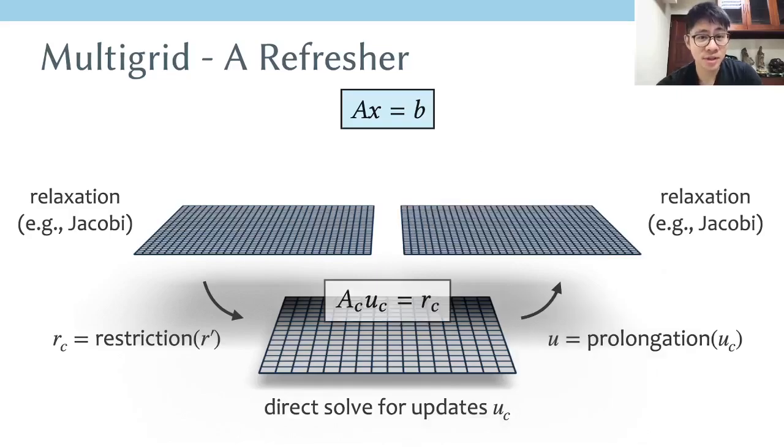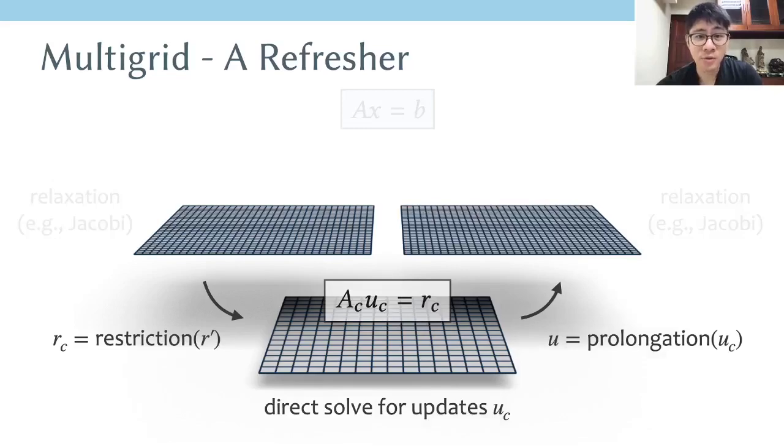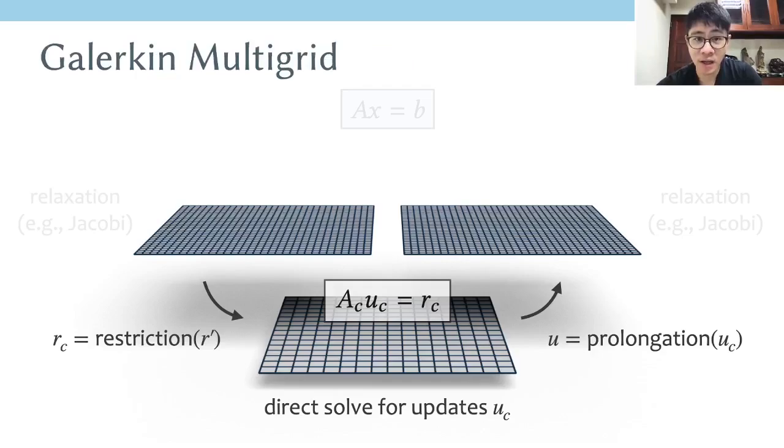Among these procedures, how to define the hierarchy, prolongation, restriction, and the coarse linear system are the key to determining the convergence rate of the solver. A widely used formulation called Galerkin Multigrid defines the prolongation using a linear operator P, which is a tall matrix that interpolates signals from the coarse to fine.